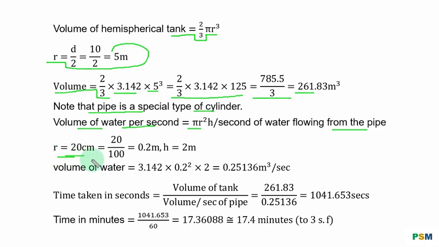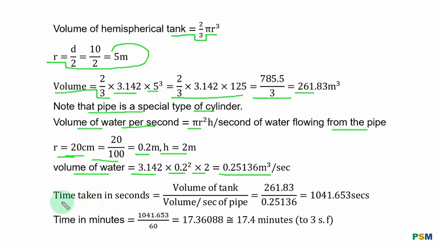You divide it by 100 and you have 0.2 meters. The height is equal to 2 meters. Volume of water is equal to pi times radius squared times height equal to 0.25136 cubic meters per second.